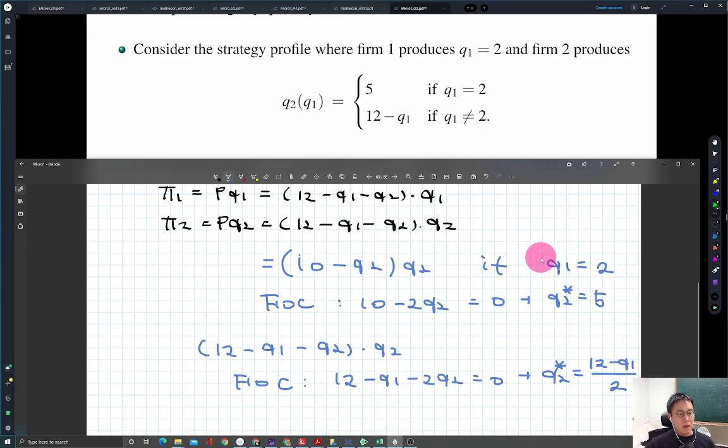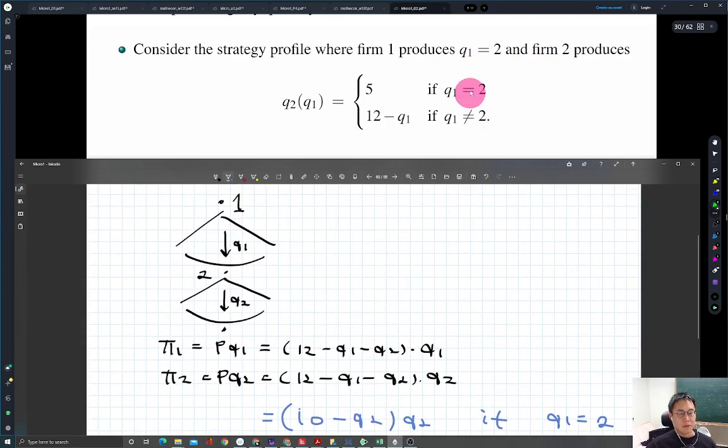Now think about firm 1's behavior. If firm 2 responds with this strategy, what is the best response for firm 1? If he produces 2 units, as promised, then his payoff is going to be 12 minus 2 minus 5, since firm 2 responds with 5 units.